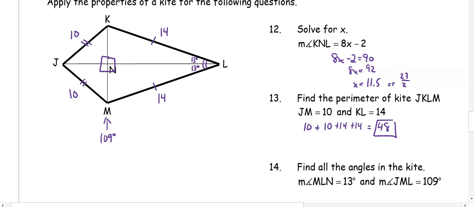If we have 13 and a 90-degree angle, we can subtract from 180 to get that this angle is 77 degrees, and this angle is 77 degrees. Now, if we know that the whole larger angle at M is 109, we can do 109 minus 77, which is 32 degrees, which is the same thing up here. And then I can subtract 90 and 32 from 180 to get that these other bisected angles are 58.